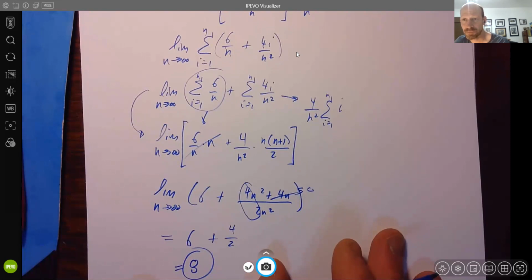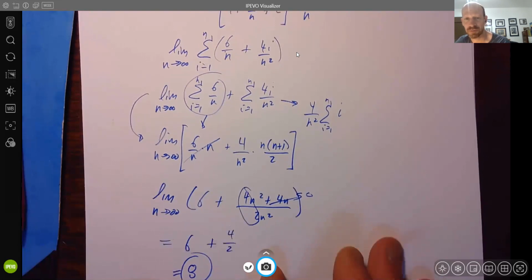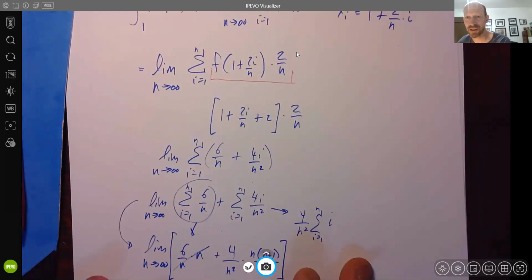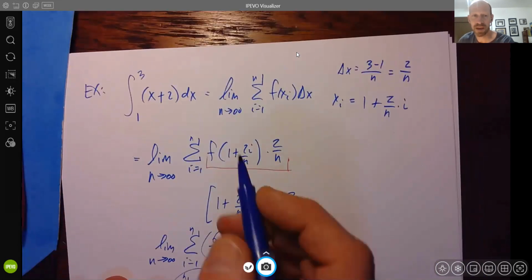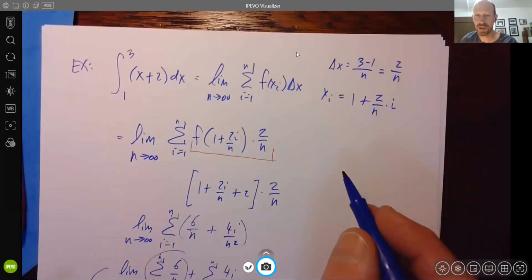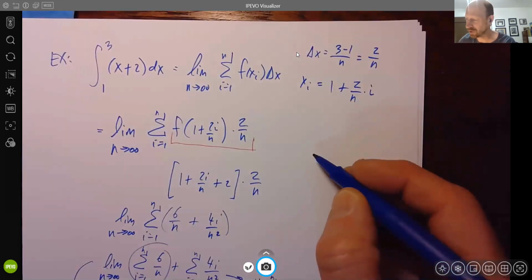Now, what the heck is 8? It's a number. It's a perfectly nice number, but what was all this business? What am I really getting here? Remember, I'm calculating this definite integral, which we could also figure out by geometry.